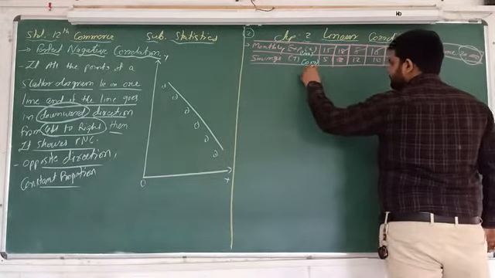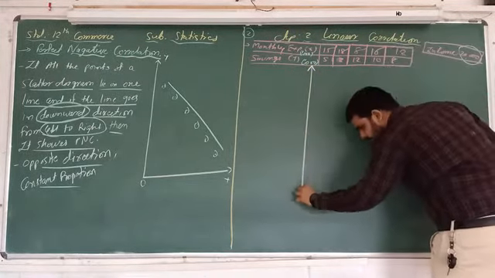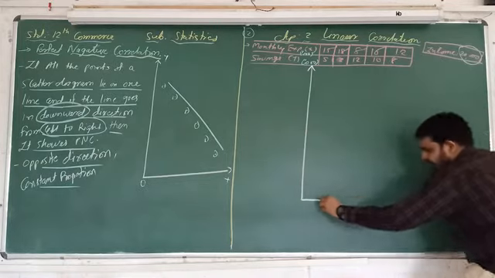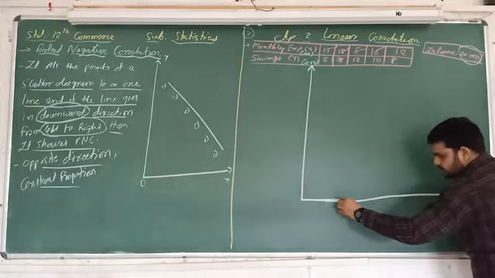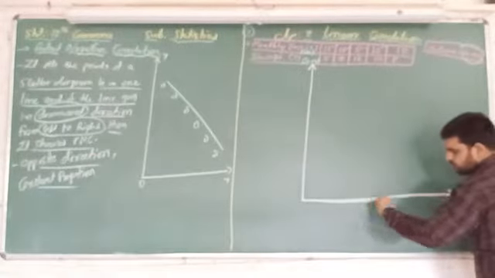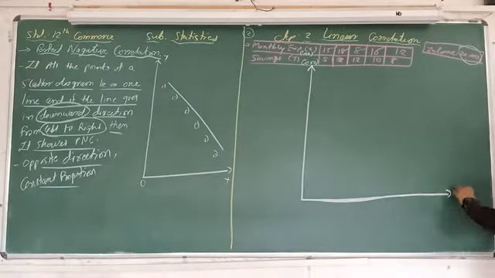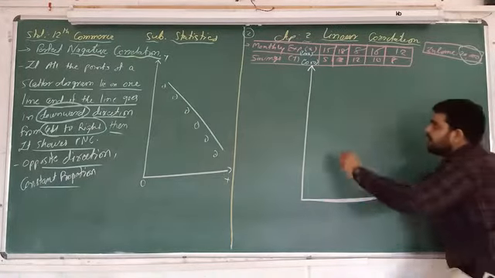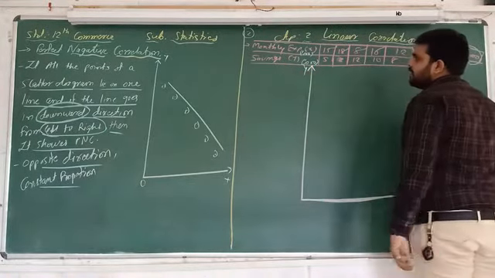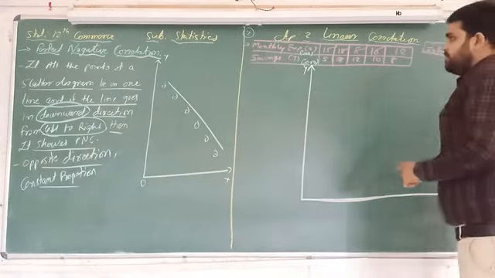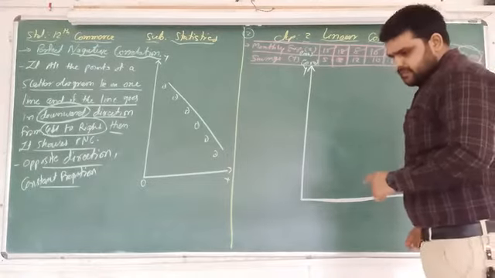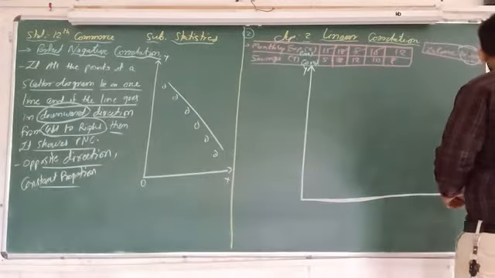Here we draw both axes, the x-axis and the y-axis. Monthly expense is denoted by x, and monthly saving is denoted by y.